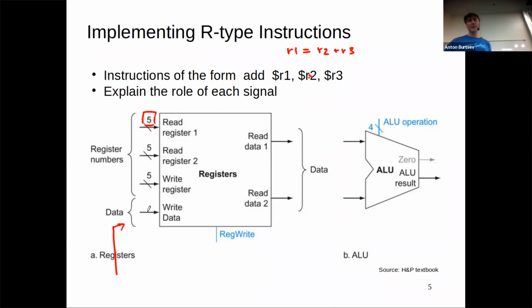On the output we get 2 register values, which we provide as inputs to the ALU. We have 4 bits to specify the ALU operation, and the ALU will provide a zero result, which might be used for this branch on equal.